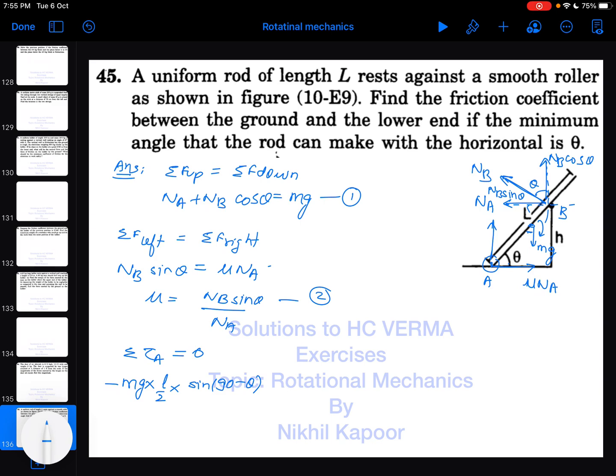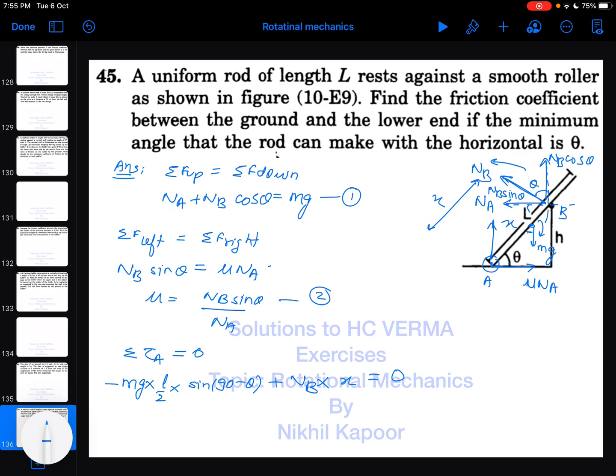This torque is anti-clockwise, so it will be force into this distance. Say here the perpendicular distance from A to this is x, equals to 0. We can find this value x here because theta is known to us.